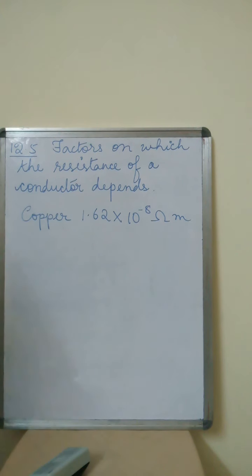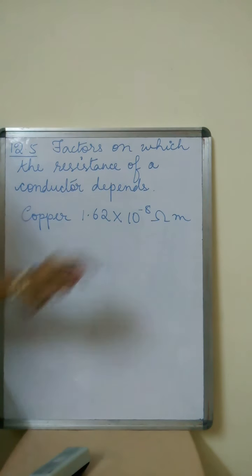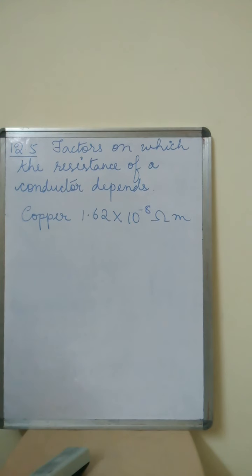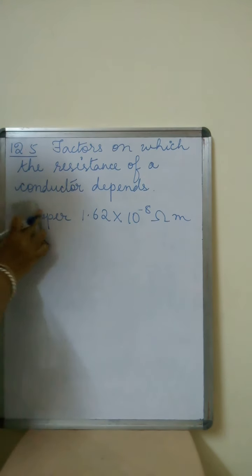By writing this, I mean that a copper wire of length 1 meter and area of cross section 1 meter square has a resistance of 1.62 into 10 to the power minus 8 ohm. So this is the meaning of this.